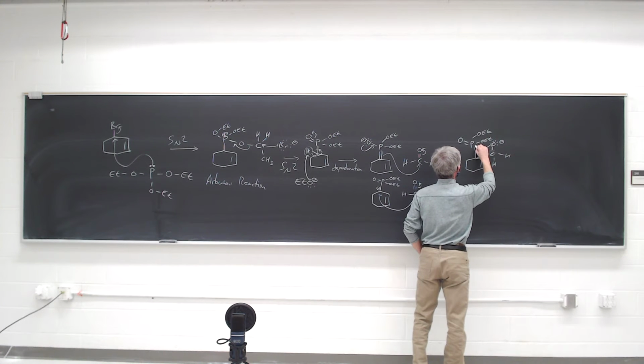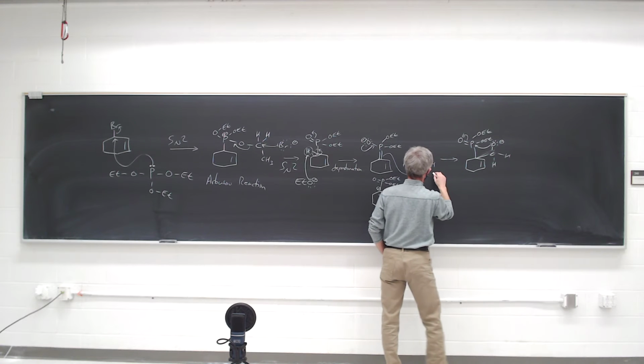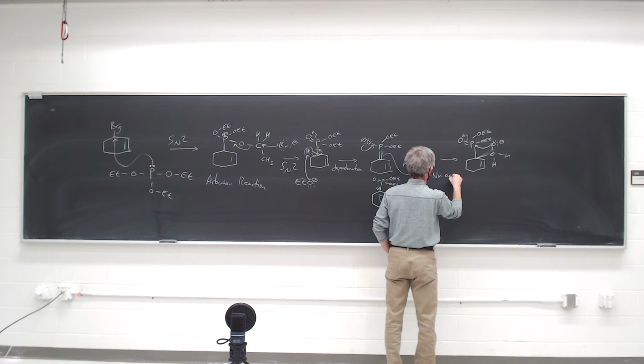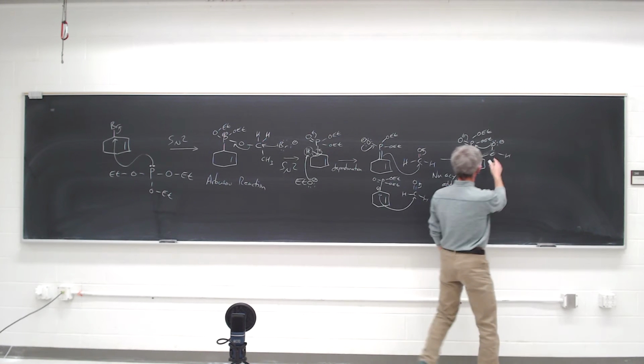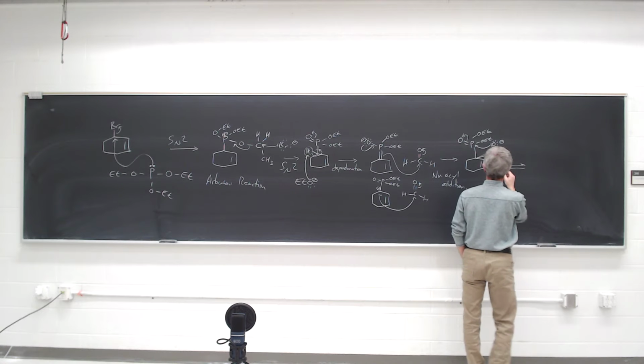So now we're going to close up the four-membered ring. That's our nucleophilic acyl addition step, step 4. Now we're going to close up the ring. That's the equilibrium.